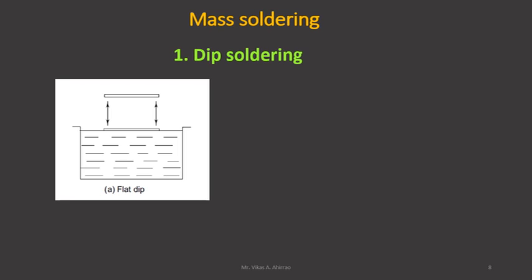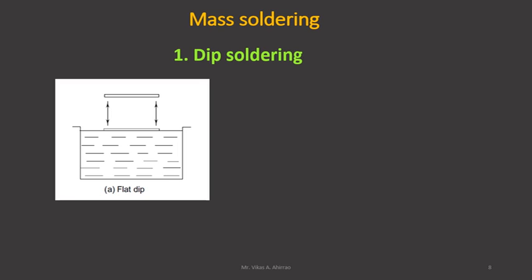The PCB containing the components is held parallel to the surface of the molten solder. That PCB will be brought downwards till the bottom of the PCB touches the surface of the molten solder, and when you lift the PCB after an optimum time, the soldering will have taken place.